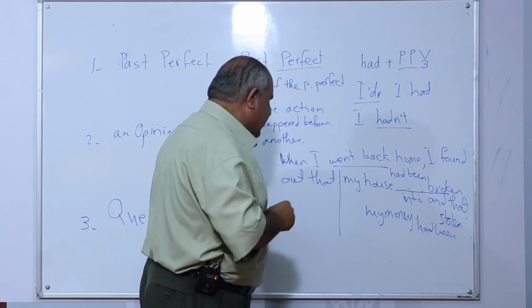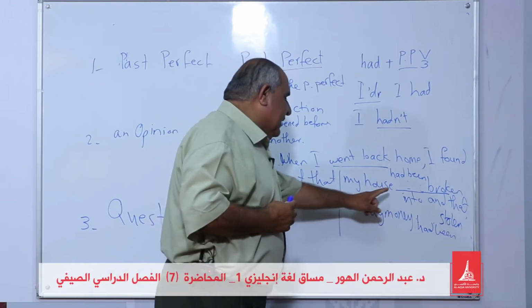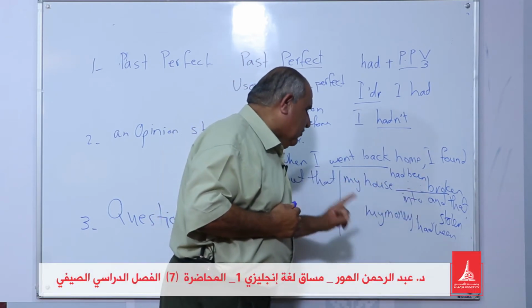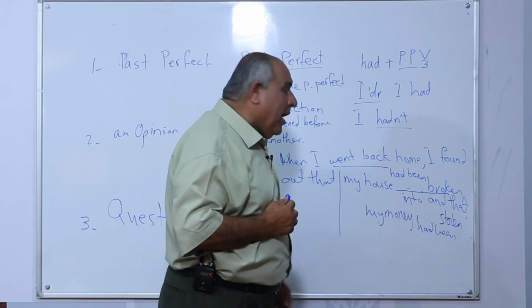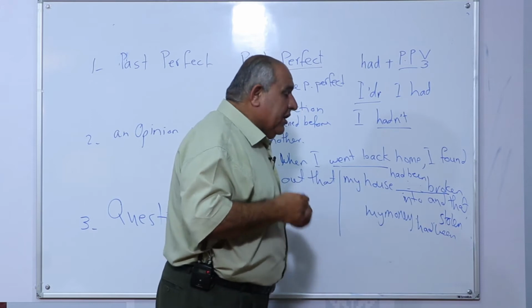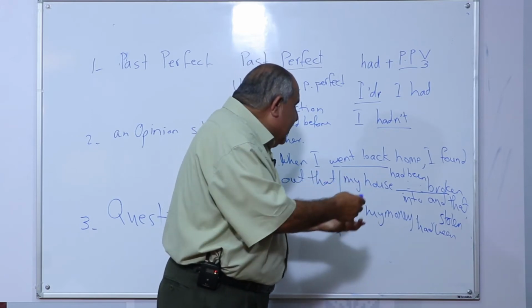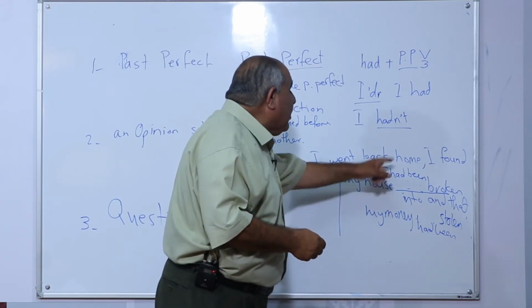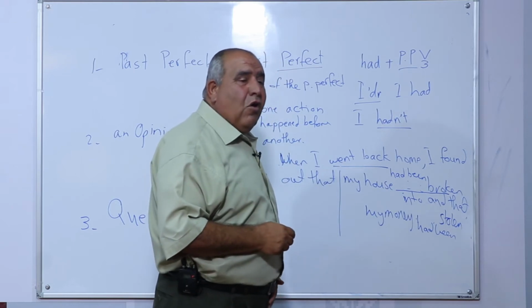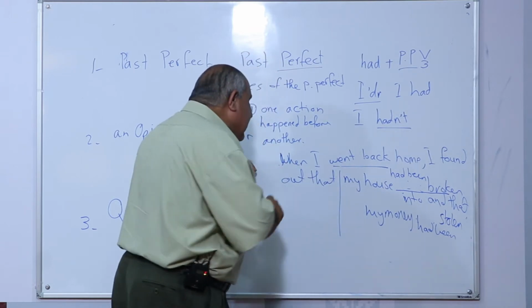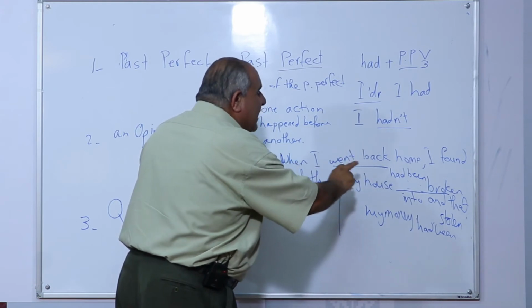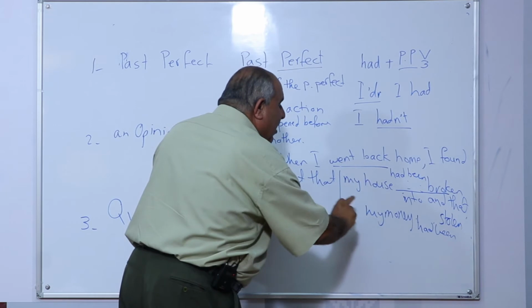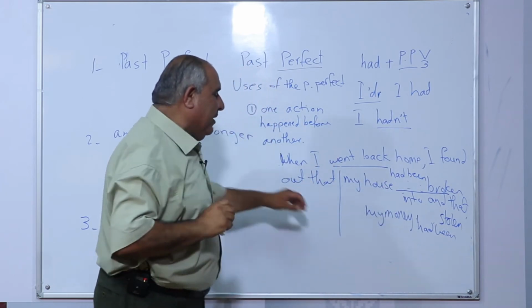These two actions were put in the past perfect because the action of getting into the house and stealing the money happened before going home. So the sentence is, when I went back home, I found out that my house had been broken into and that my money had been stolen.